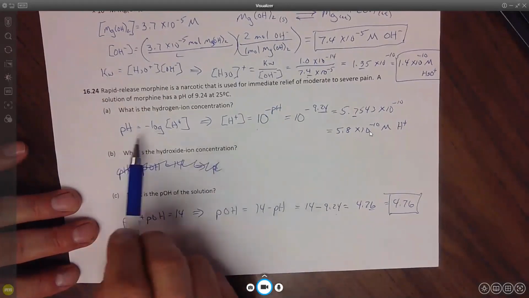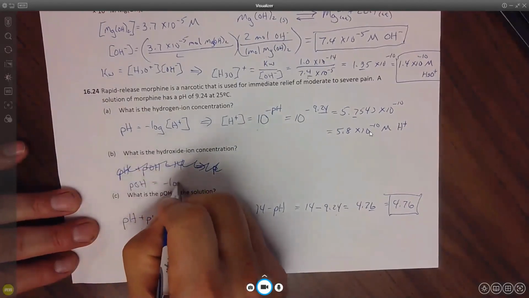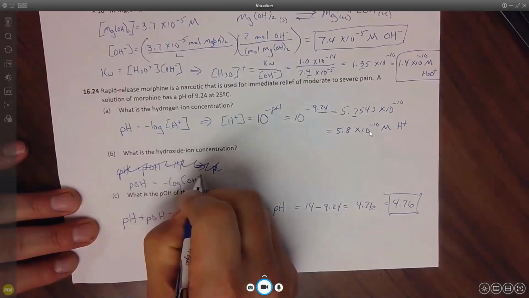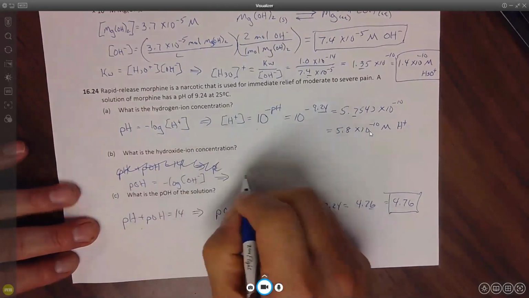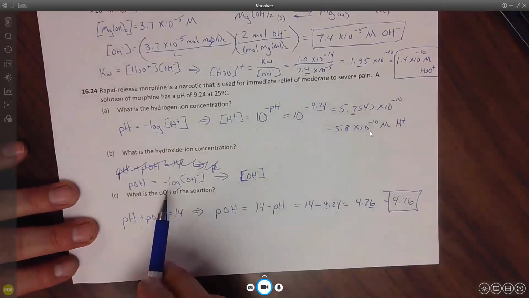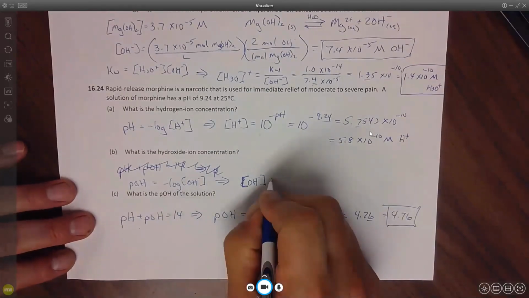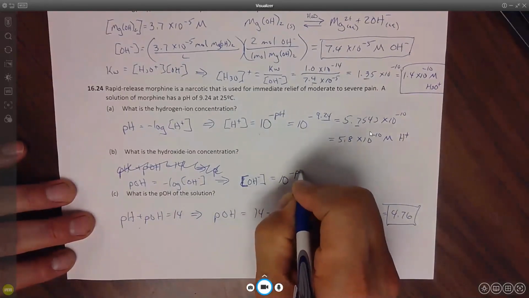Then we could do the same idea here, right? We know that the pOH is equal to the negative log of the hydroxide ion concentration. So we could just say again, we're going to bring the negative over, so it'll be negative pOH, and then take the antilog. So that'd be 10 to the negative pOH.